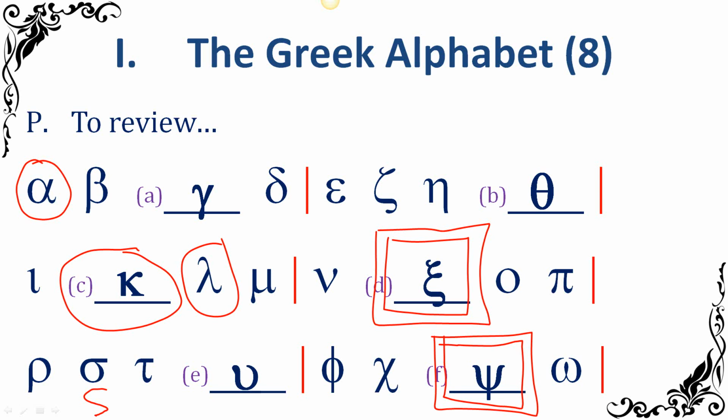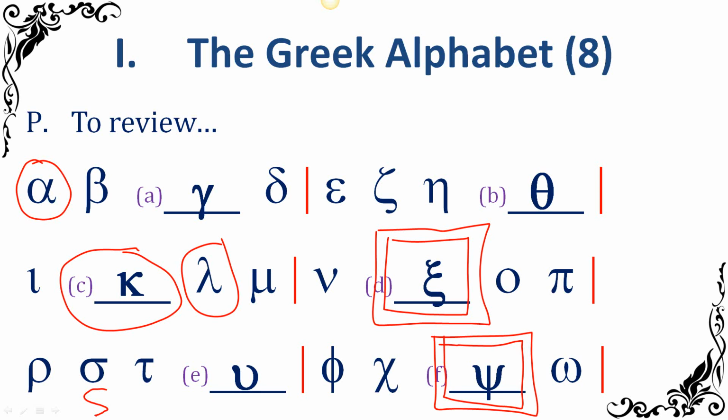Alpha, beta, gamma, delta, epsilon, zeta, eta, theta, iota, kappa, lambda, mu, nu, xi, omicron, pi, rho, sigma, tau, upsilon.